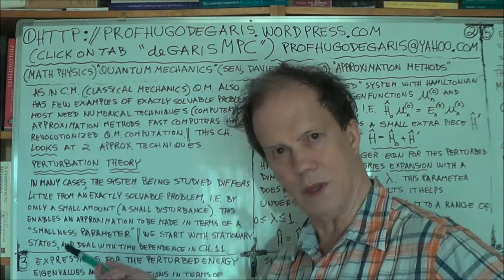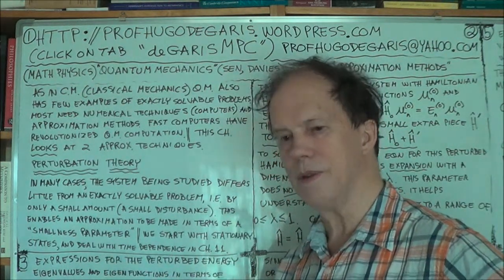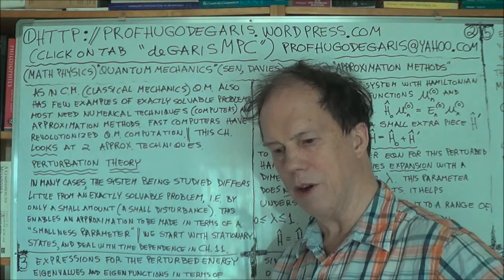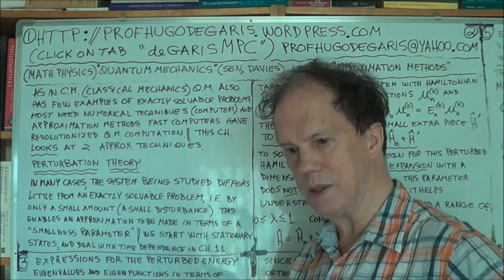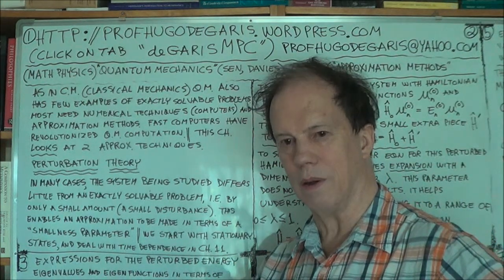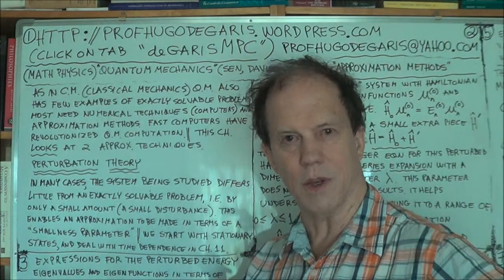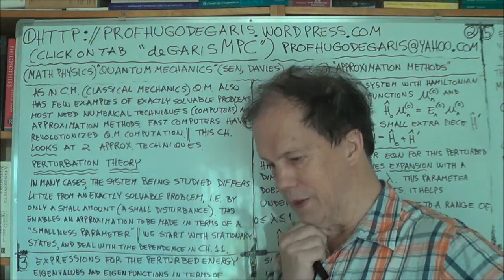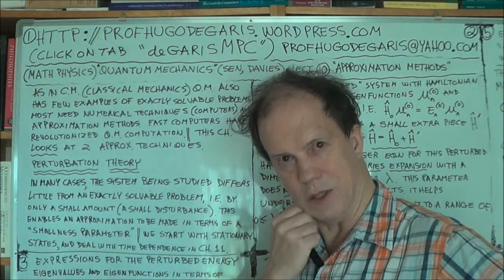And that allows you to derive relationships between them. You can find a formula for E1, the so-called first-order correction to the eigenenergies, stuff like that.